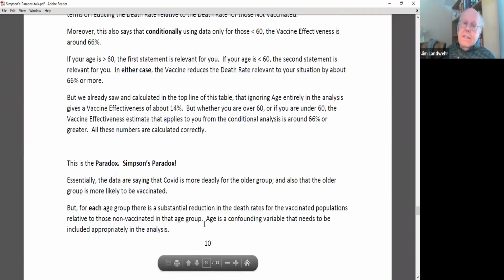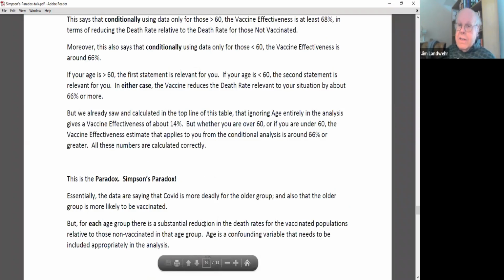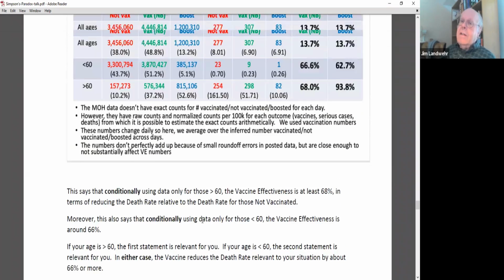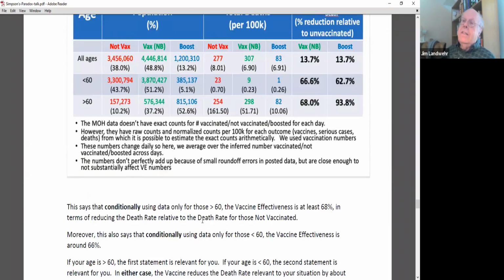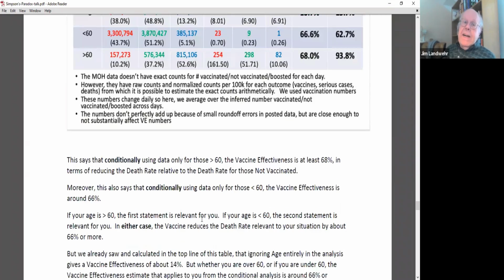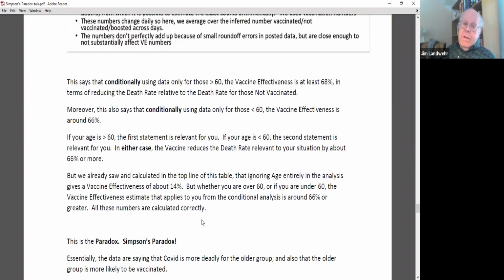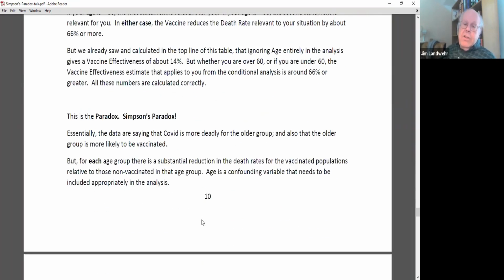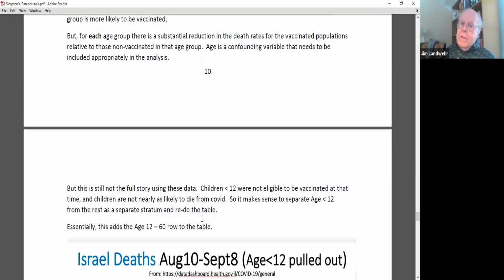So Simpson's paradox is very apparent from the three lines in this table. But this is not all the story for this data, because the reality is that children were not even eligible to be vaccinated during this period.